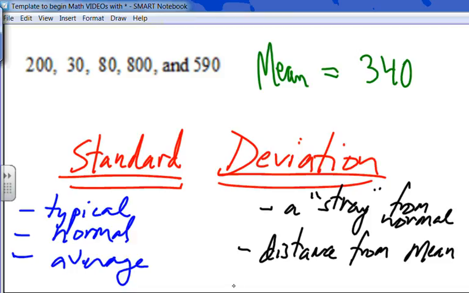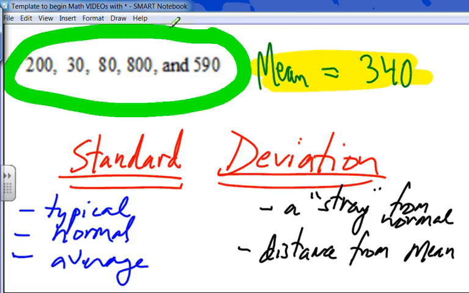So in this problem, our mean is 340. So as you look at these values, there are 5 individual values. What is a typical stray from the mean? Well, 200 is about 140 away from the mean.